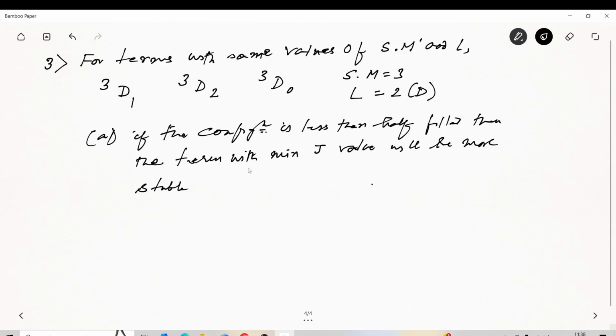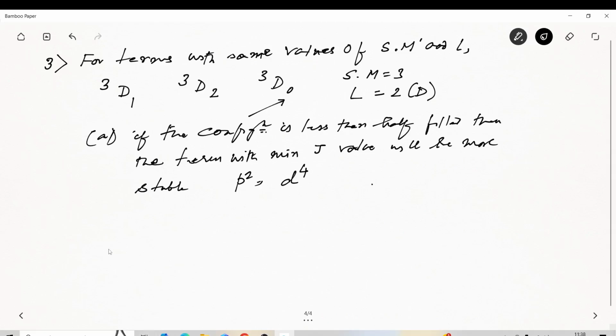That means if the configuration is less than half filled, for example p2 or d4, the term with minimum J value will be more stable.